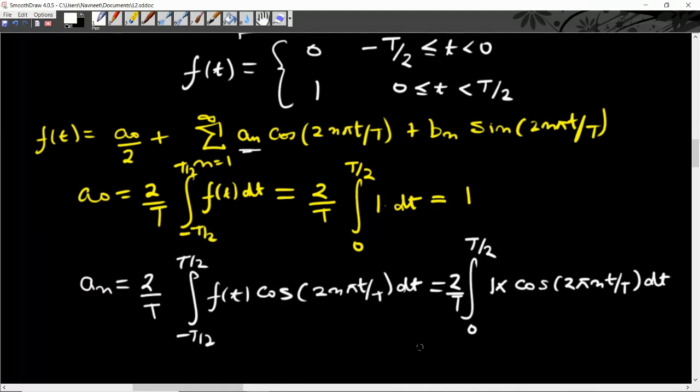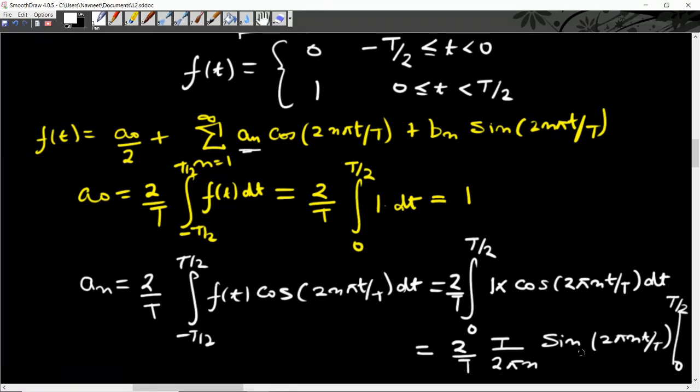So if I solve this integral, I'll get 2 over T, and this integral of cosine will be T over 2 pi n sine of 2 pi n t over T, and I will put in the limits 0 to T by 2.